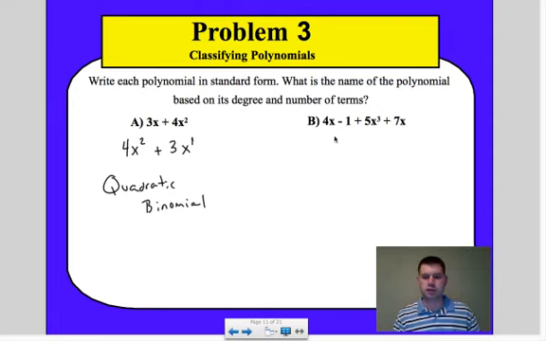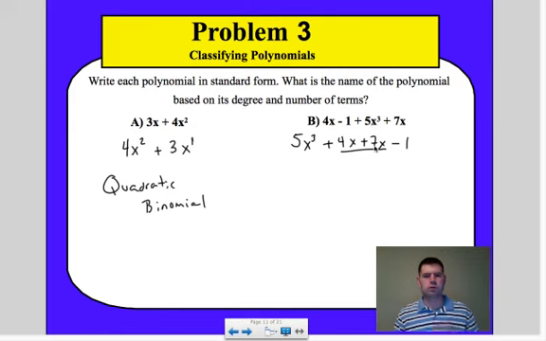When we get to here, we do the exact same thing. We're going to write 5x cubed, then we have the plus 4x, the plus 7x, and we'll talk about that in a second, and then the minus 1. You'll notice we have 4x and 7x, so which one goes first? Well, those are like terms.